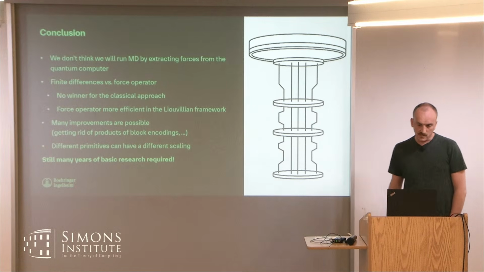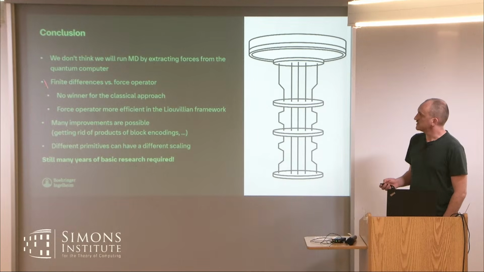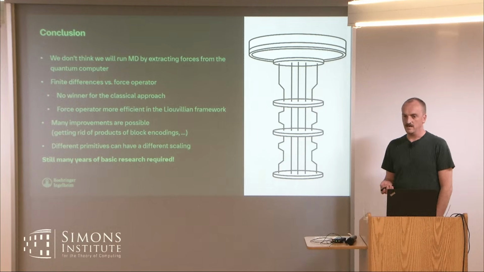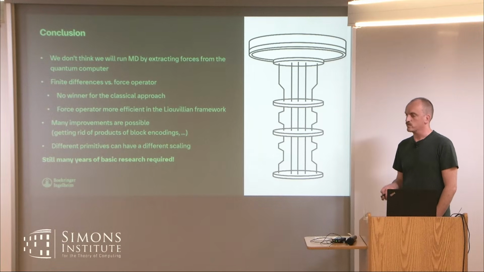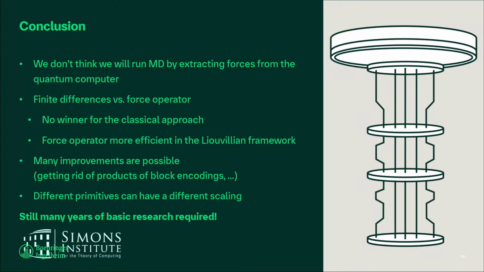All right. So for us, it's fairly clear that translating the classical algorithm onto a quantum algorithm and just using it as a black box to get forces is kind of flawed. We try to give a good coherent counter algorithm. And we think that there's many improvements possible. So for instance, all of these block encodings are locally optimal, but if you combine things, you might do the whole thing at once, and that might be more optimal.